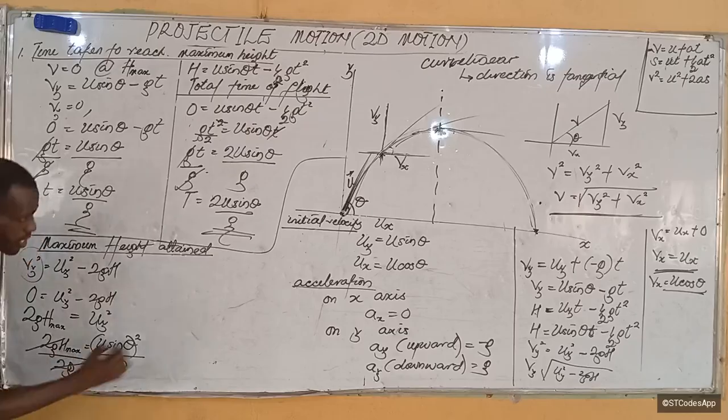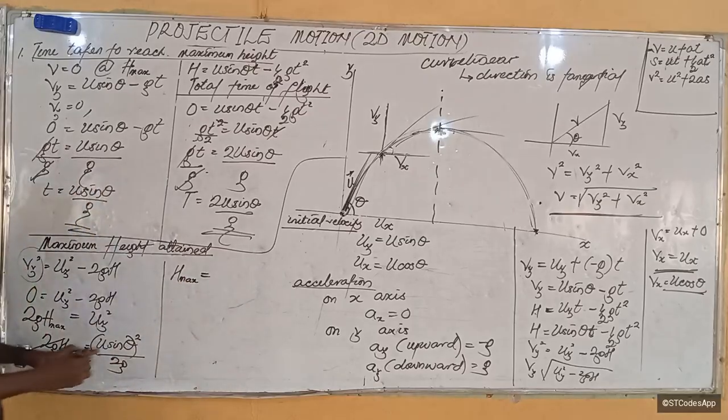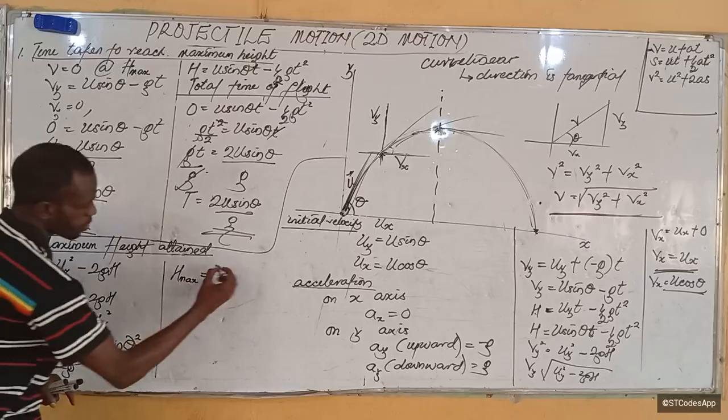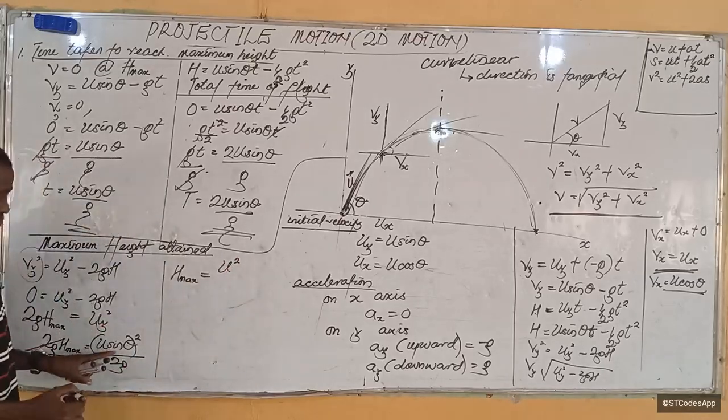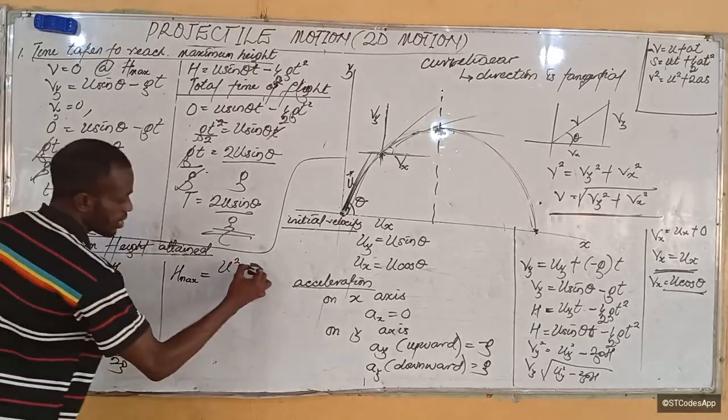This cancels this. Our h max would then be equal to, we square u because u is a different guy from sine theta. So it becomes u squared. Now this one is sine theta all squared. The way we write it is sine squared theta.